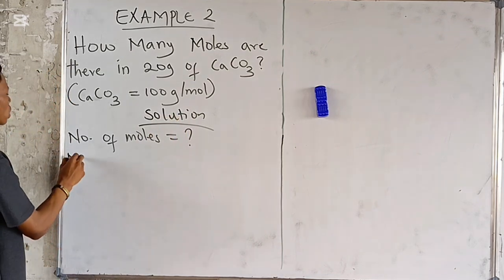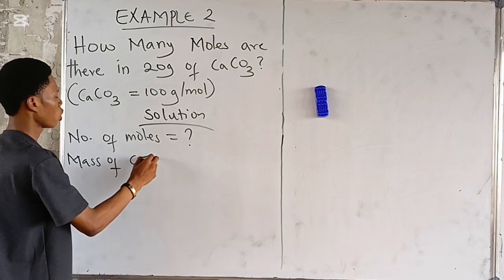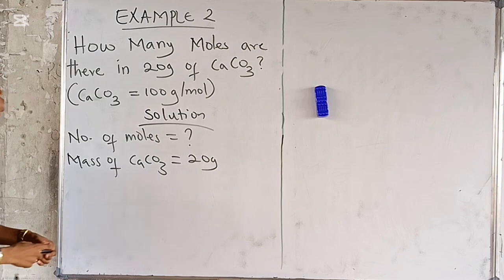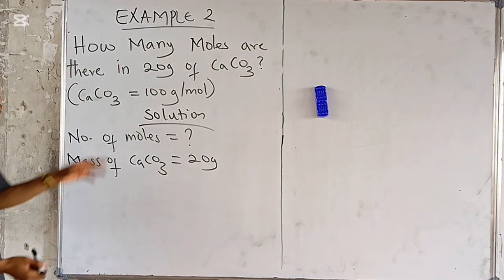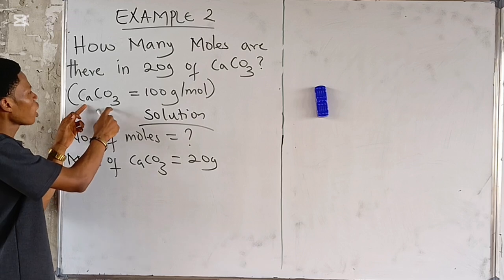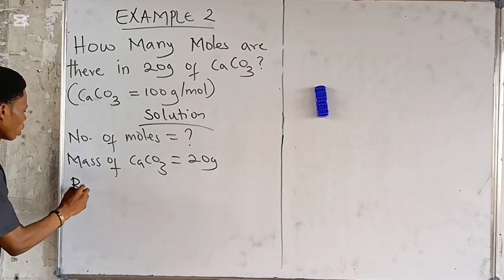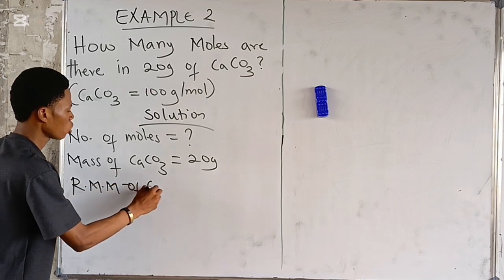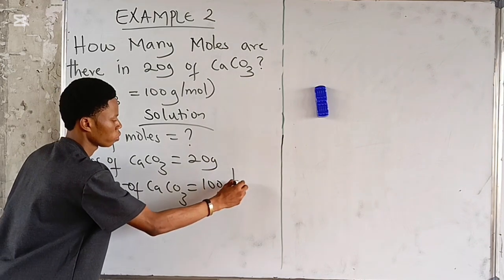This was not given. This is what we are asked to calculate. We are given the mass of calcium trioxocarbonate here as 20 grams. And we are asked to calculate the number of moles. Now you agree with me, from here, the relative molecular mass of calcium trioxocarbonate is given as 100 grams per mole.